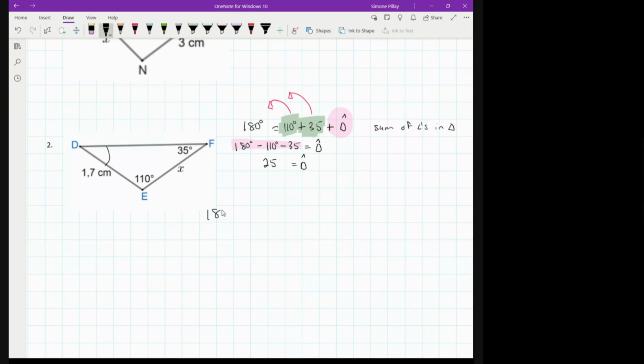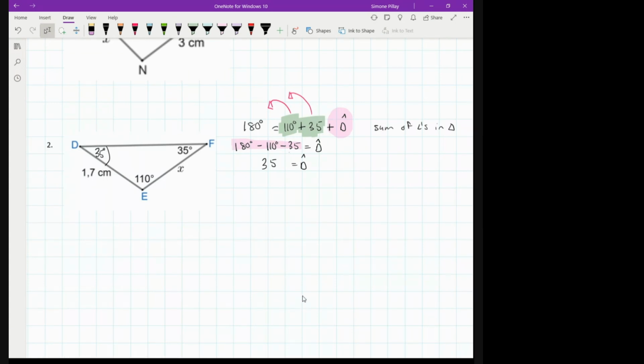I have 180 degrees minus 110 and also minus 35. So I'm just doing it all together. 110 and 35 makes 145. I don't know where I got my math from. No, you're right, Ramsey. It's 35. That was my bad. So now we know that this is also 35.